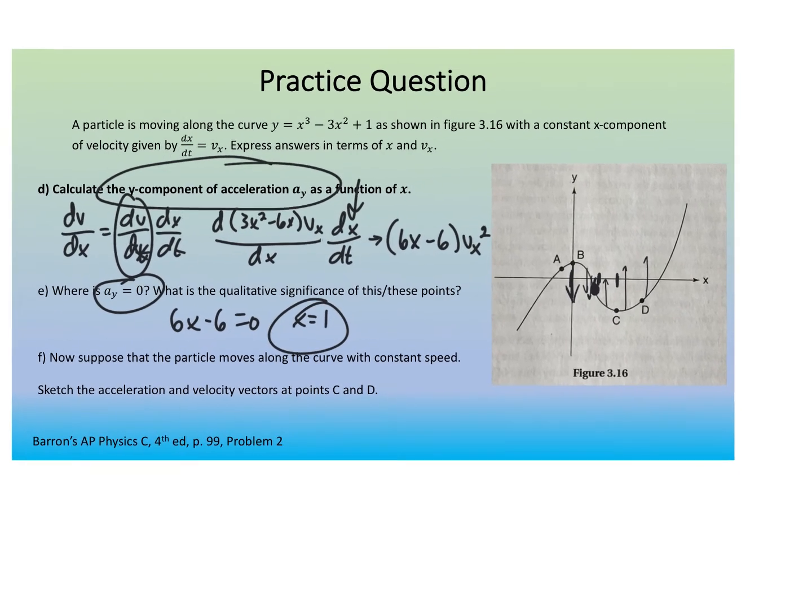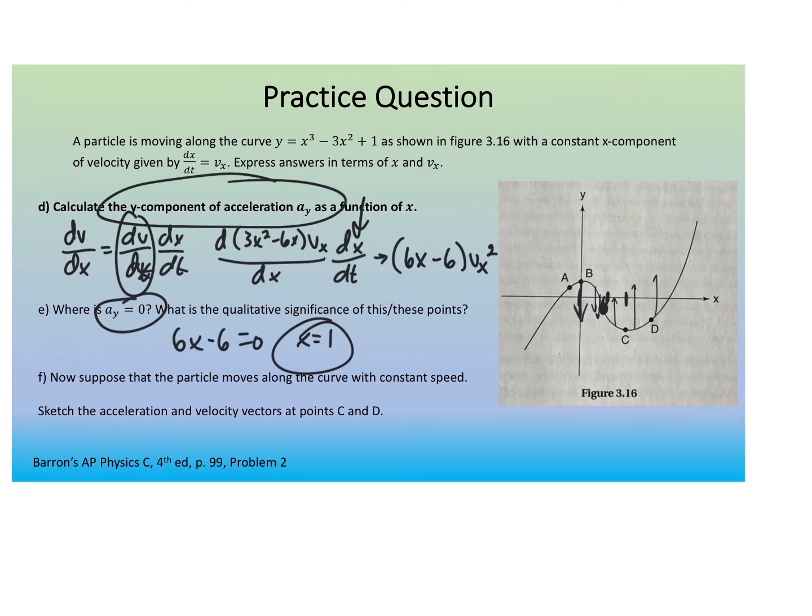And then the last one, suppose that the particle moves along the curve with constant speed. So now, instead of just moving left and right and having the y speed up and slow down, what if it's moving along that path at a constant speed the entire time? All it wants us to do is sketch the acceleration and velocity vectors at points C and D again.